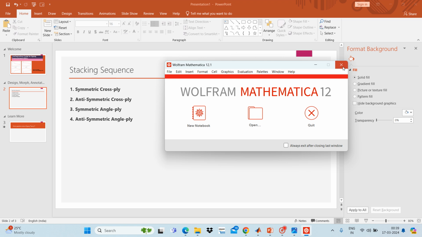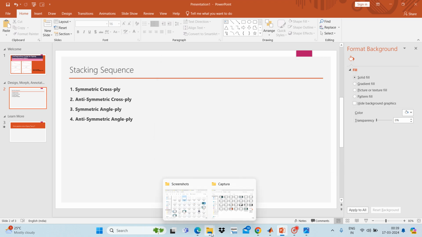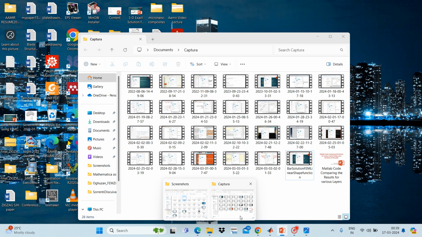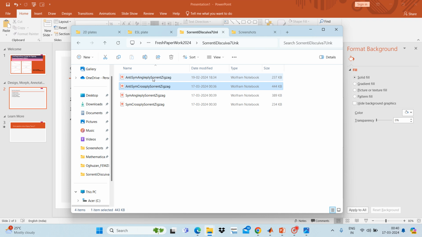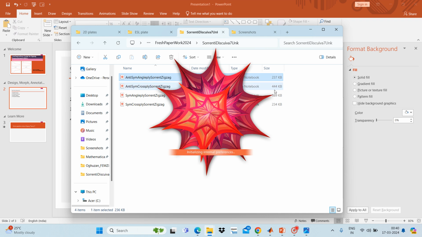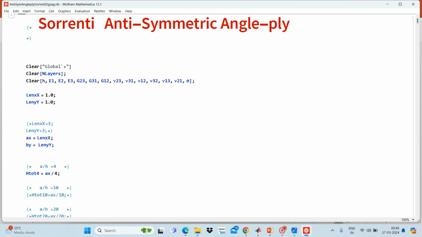So anti-symmetric angle ply case, let me see. Anti-symmetric angle ply. Okay, let's just start. So this is the anti-symmetric angle ply case.